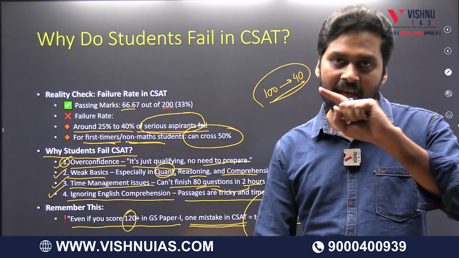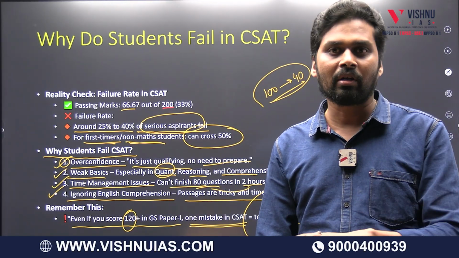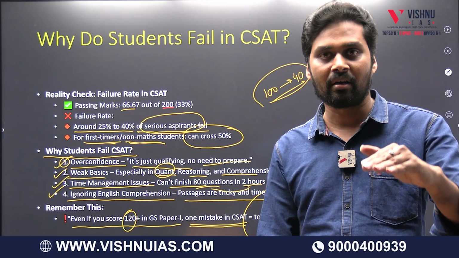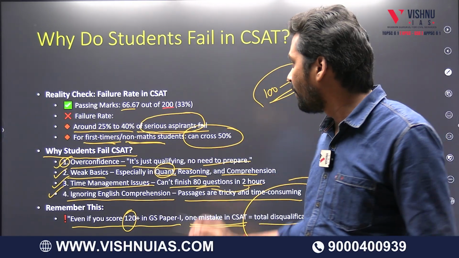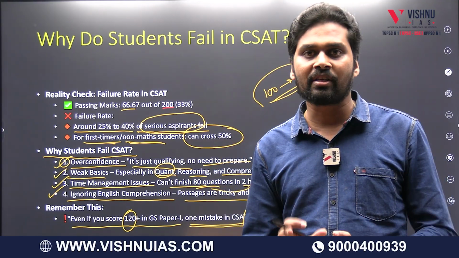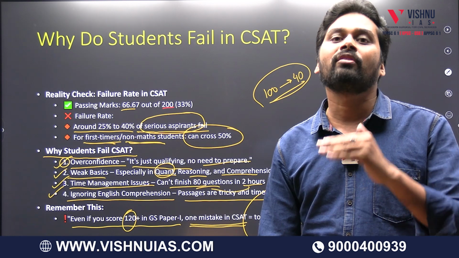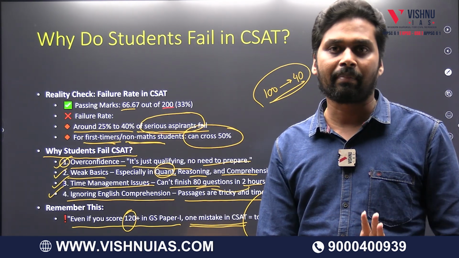Okay, you will have to start again from scratch. You all know how difficult it is to start from the beginning to the end. That's why you give importance to CSAT. My only suggestion is please give importance to CSAT as much as you give importance to general studies paper 1.